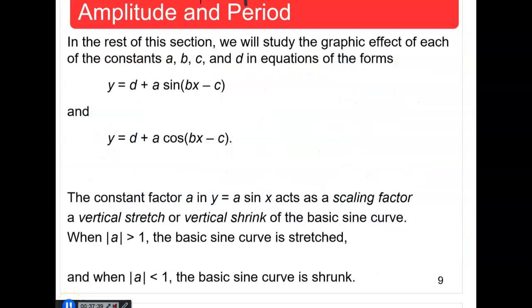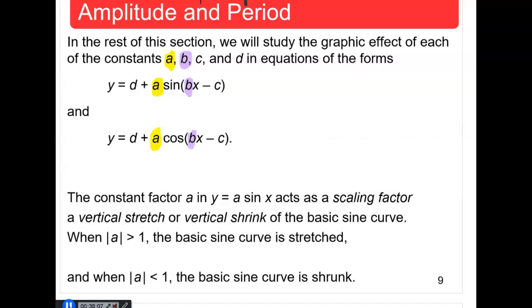So for the rest of the section, we will study the graphic effect of each of the constants, and we're going to use the constants A. A is for amplitude. Then we are going to have B, and B is going to be telling us the period, how the period will change. Remember, for the parent function it is 2 pi.